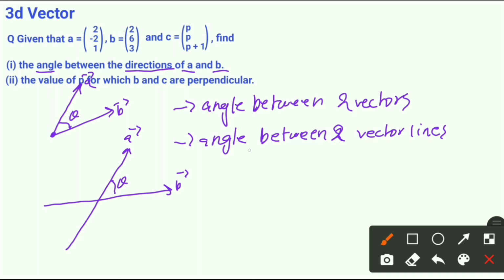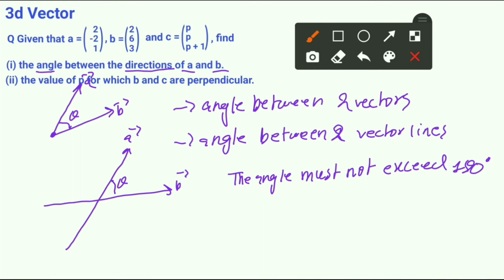If I'm talking about the angle between two vectors, what I mean is finding the angle between vectors a and b. And if I'm talking about the angle between two vector lines, I mean the angle between the two lines. That's number one, the difference between two vectors and two vector lines. Second, whenever you are asked to find the angle, you always need to remember that the angle must not exceed 180 degrees.